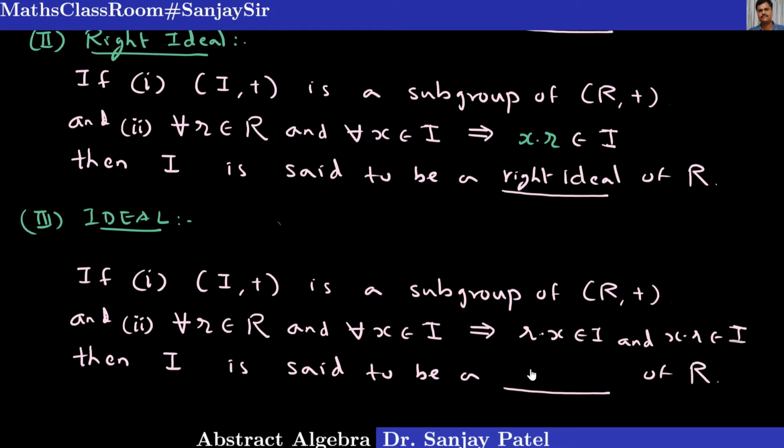Then this is said to be an ideal of the ring R. So in this case, the set I is said to be an ideal.